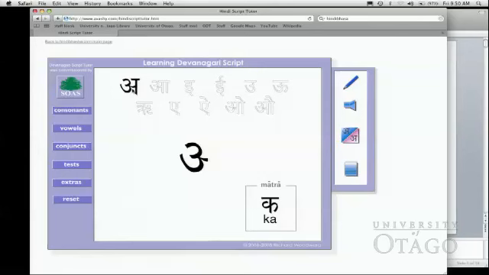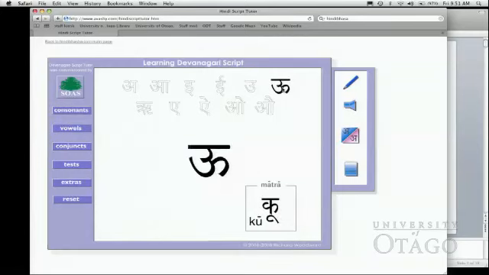Start from a, aa, i, ee, u, and oo. So please memorize all of these 6 vowels.